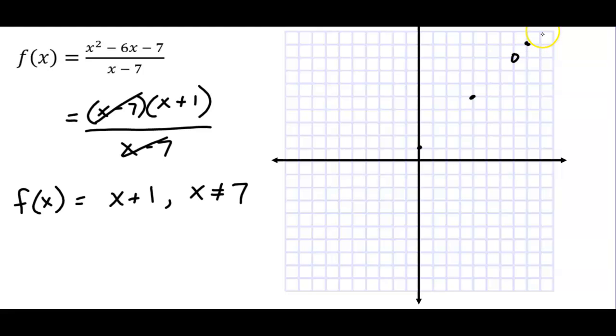And if you put in 9, you'd get 10. And so you get a picture with a hole in it. We've done things like that before. It's been a while, but if you were to graph that rational function, that's what it looks like. So it's linear, but it has a hole in it because it's not defined at 7, okay?